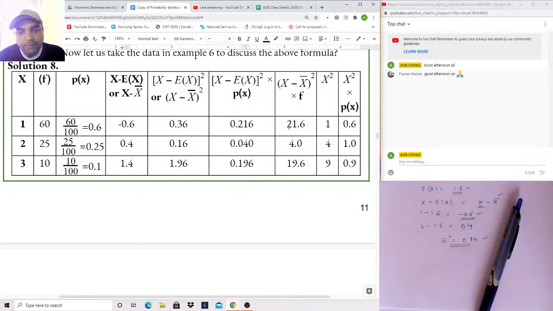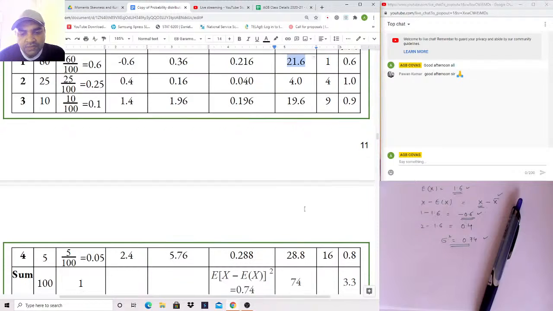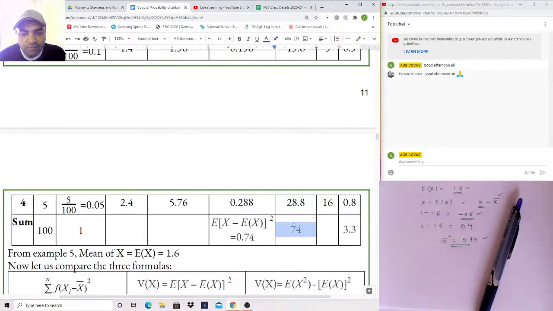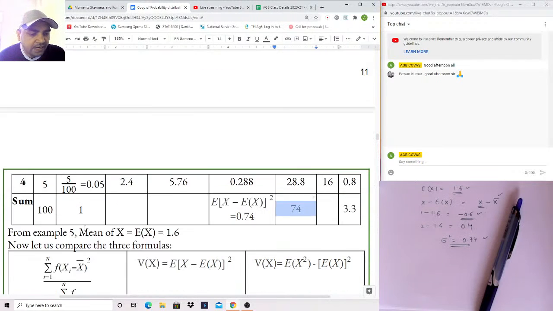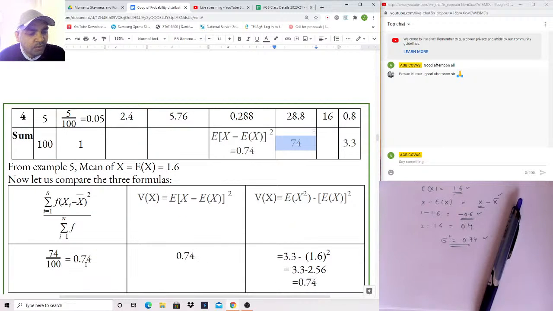So this will be 21.6. That is, you have to multiply this 60 with the probability, that is 0.6. So these values will sum out to be 74. And when this 74 is divided by 100, it will be 0.74. So either you go with the trivial formula or go with this formula of probability function, you will get the same variance.